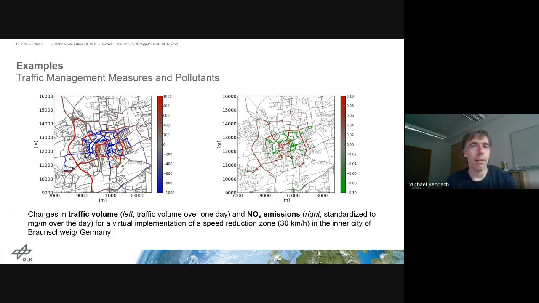So emission models suffer sometimes the same problems because they rely on this data, but still, tendencies you can always measure, and that's what we did here.